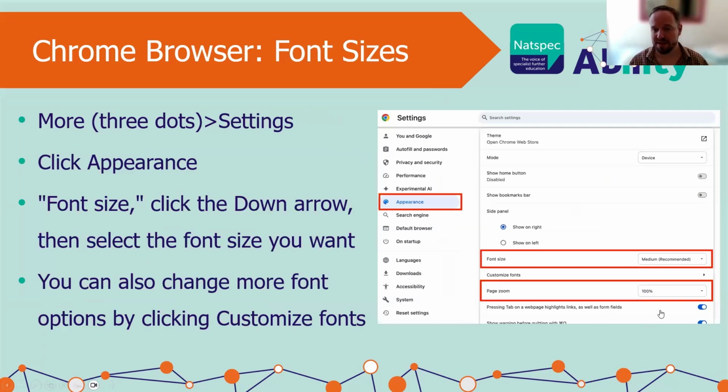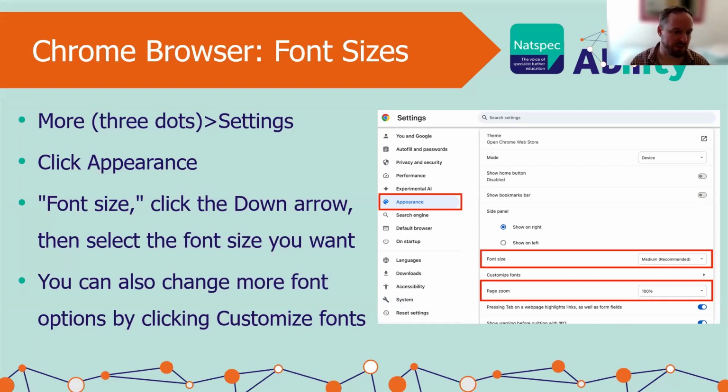You can change the font sizes in all windows, which is really useful. On the right-hand side there, I've just shown how to get to that. Once you're in settings, if you go to appearance, we've highlighted font size there, and you can change that from medium to larger font sizes. They won't always look as good on the page, so it's worth checking them first and seeing how it looks.